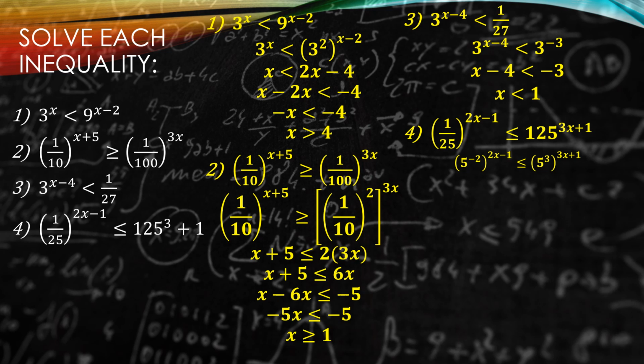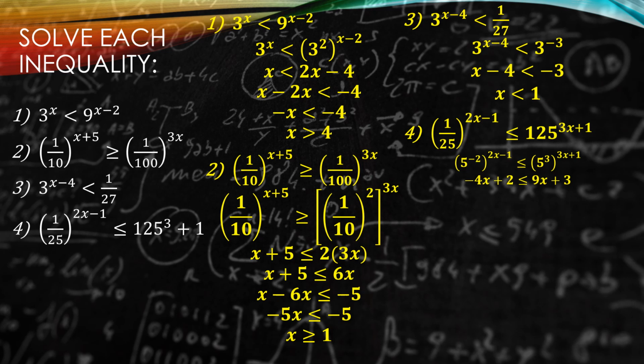Yung 125 is also equal to 5 raised to 3, and then raised to 3x plus 1. Since the same na ang kanilang base na 5, let's copy the exponents and the inequality sign. Hindi tayo nag-flip kasi greater than 1 ang kanyang base dito na 5.